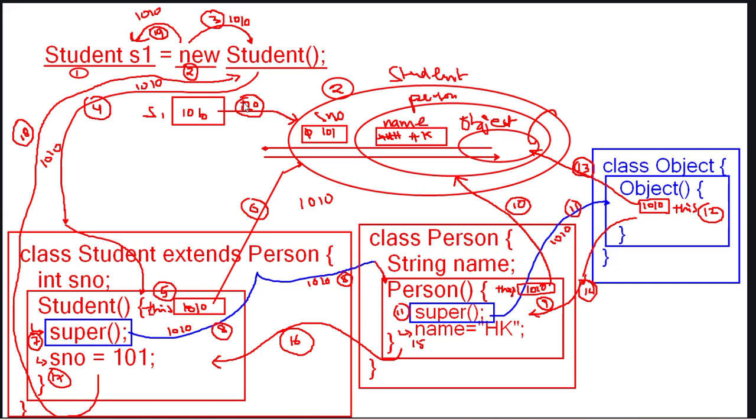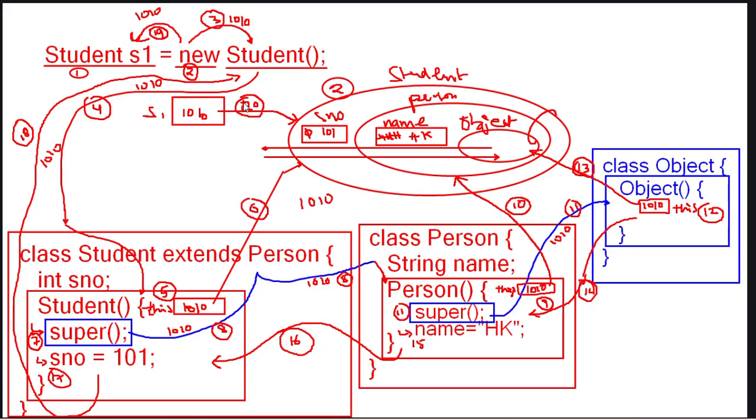Look at the screen: super parenthesis semicolon. Second, super dot. It's not full stop, it's dot. Super dot blank semicolon. The blank means a place where you can write either a variable or a method.